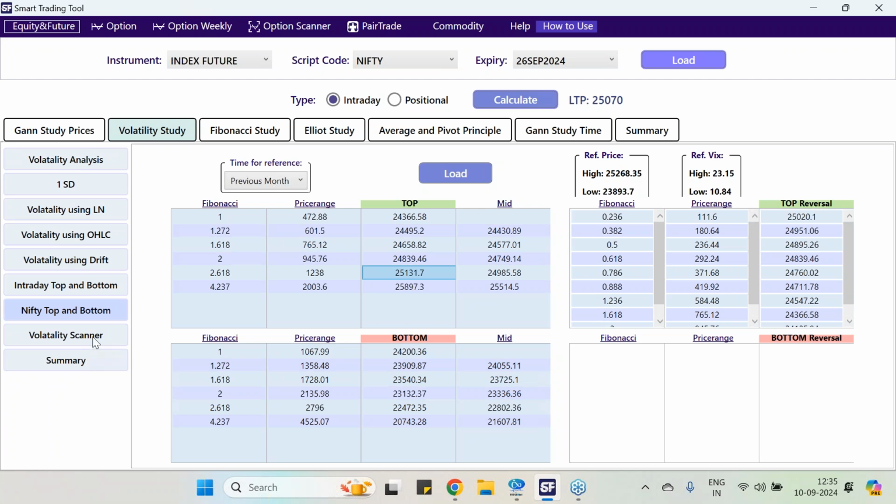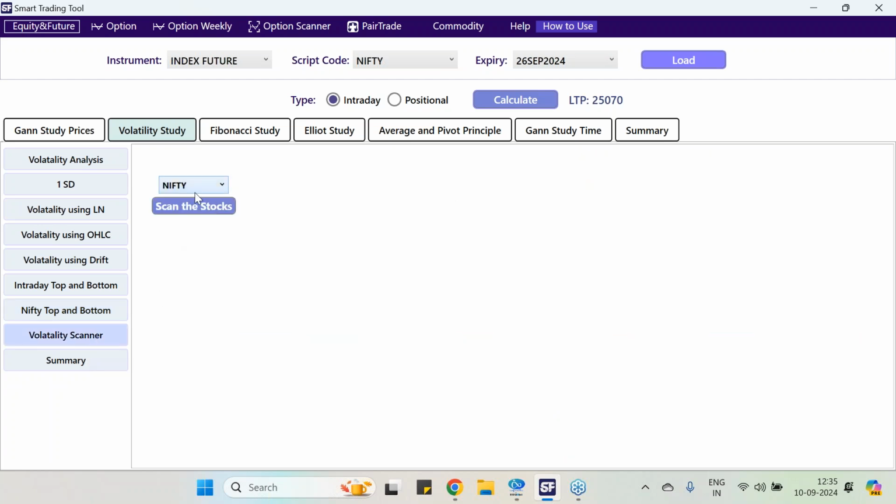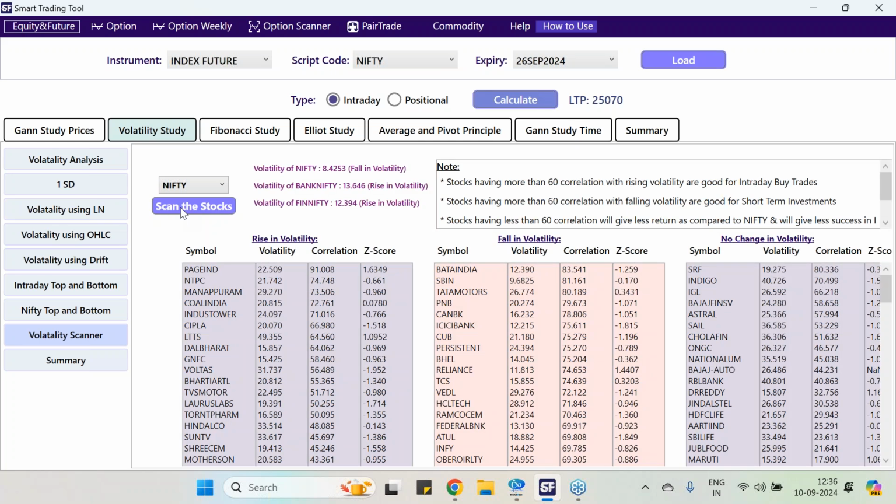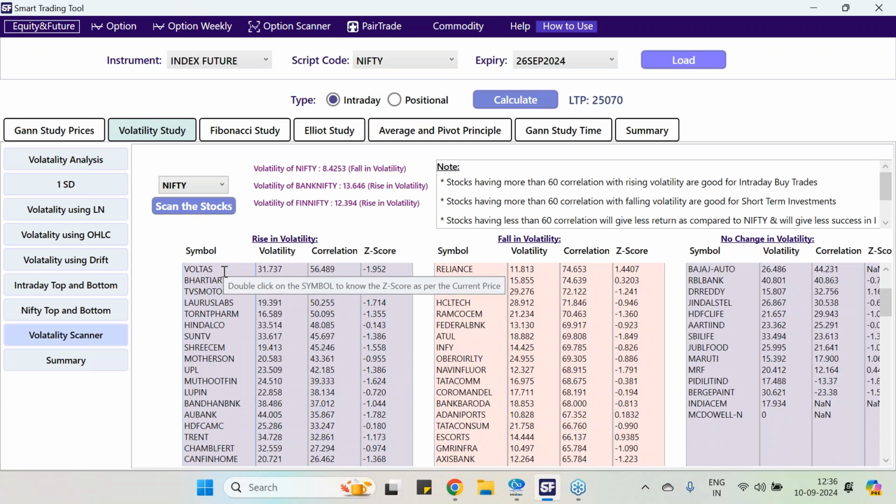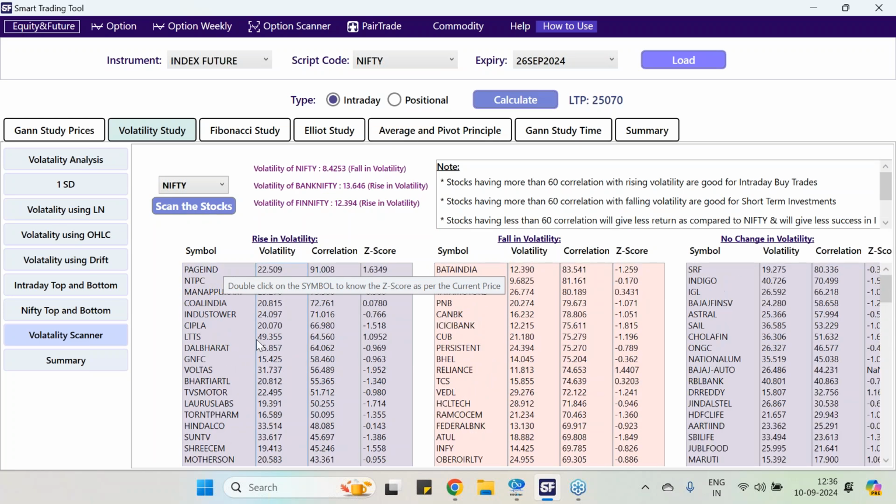So this is one part. Then we come to the volatility scanner. This volatility scanner scans, with respect to the Nifty, the stocks which have rising volatility, falling volatility, or no change in volatility. Here you are categorically finding the stocks with a rising volatility trend, meaning the volatility is going up.